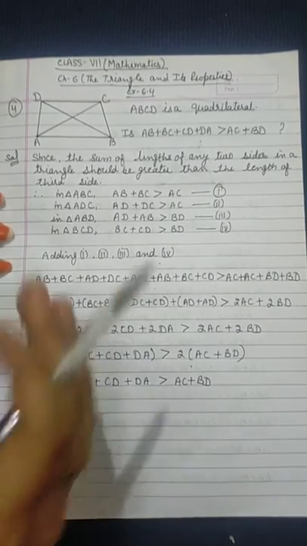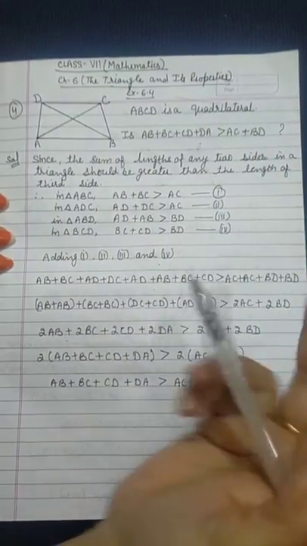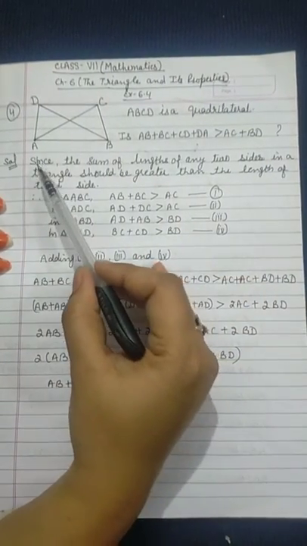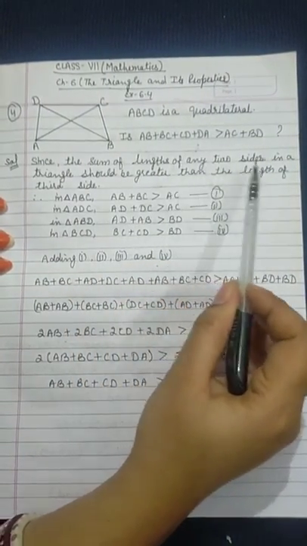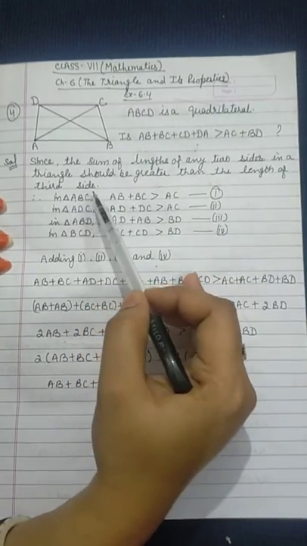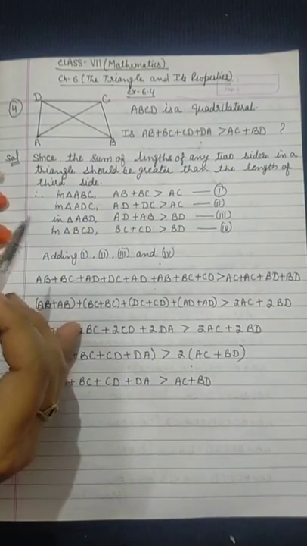You will see here that there is a greater than sign. We will again use that one property, that the sum of two sides is greater than the third side. Since the sum of the lengths of any two sides in a triangle should be greater than the length of the third side, we will use that criterion.